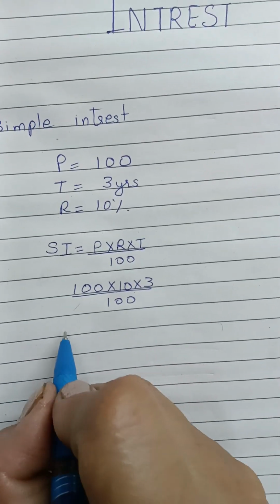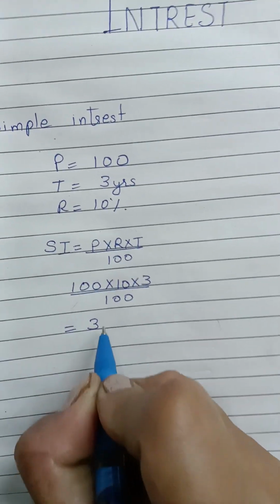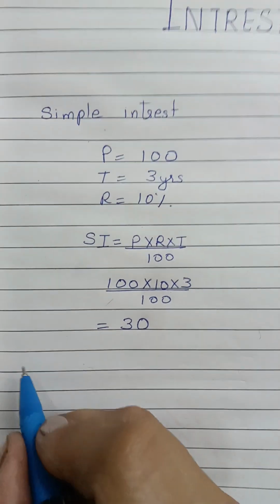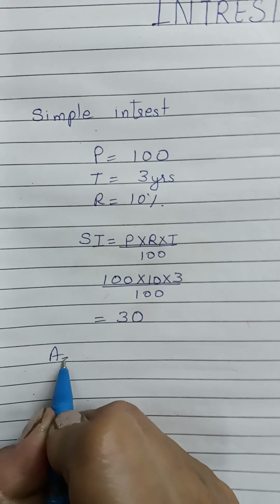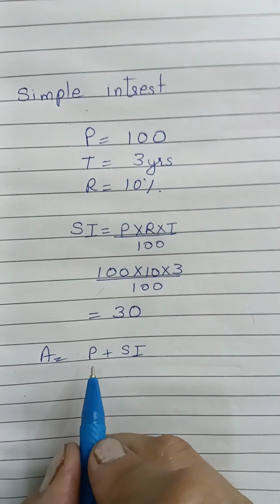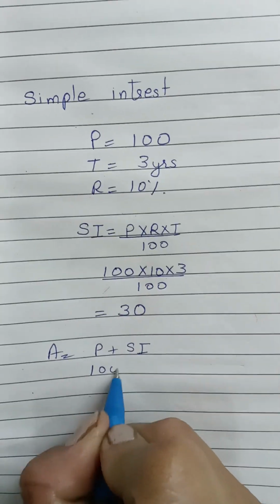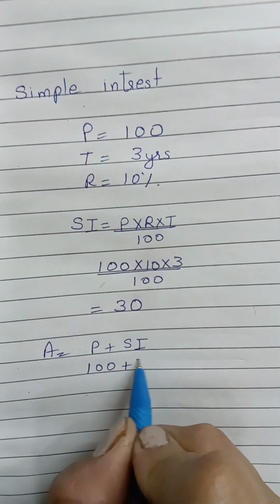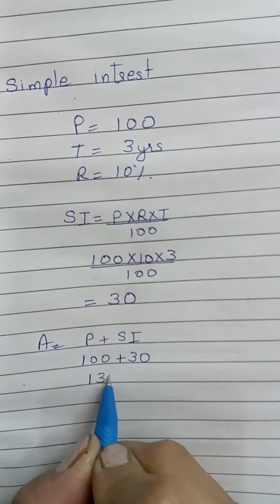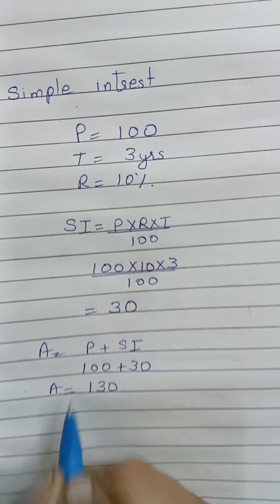So, at the end of 3 years, you owe an interest of 30 rupees and your amount will be principal plus simple interest. Our principal was 100 and simple interest is rupees 30. So we will pay back an amount of 130 rupees.